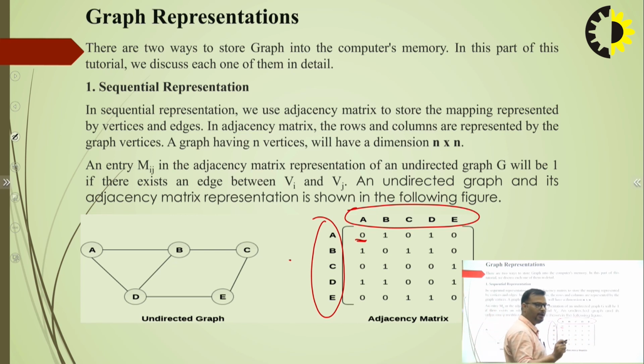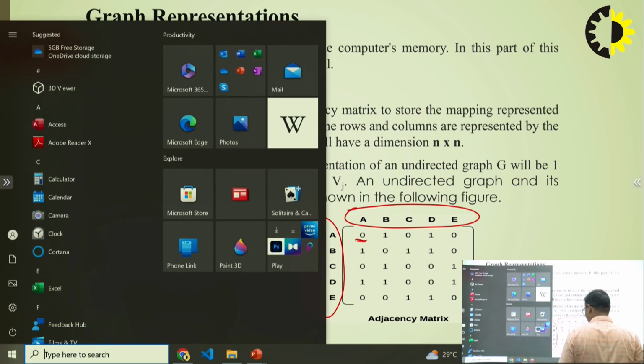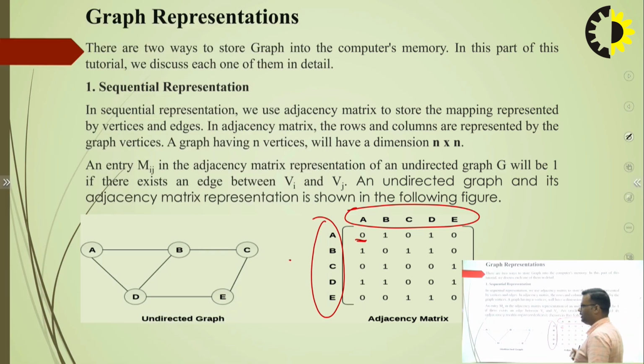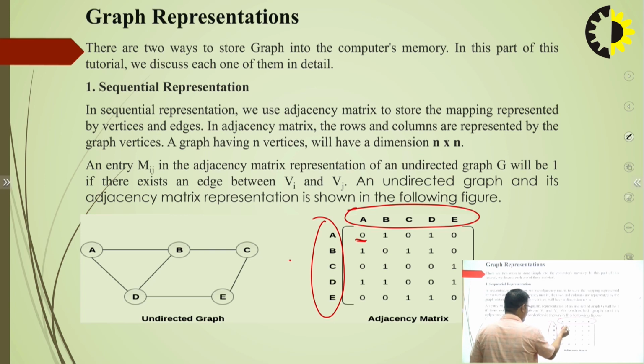Always keep in mind, if both vertices are connected through an edge, then it is considered 1. Otherwise we will consider 0. Then D to A 1, D to B 1, D to C 0, D to D 0 and D to E 1. Then E to A 0, E to B 0, E to C 1, E to D 1 and E to E 0.